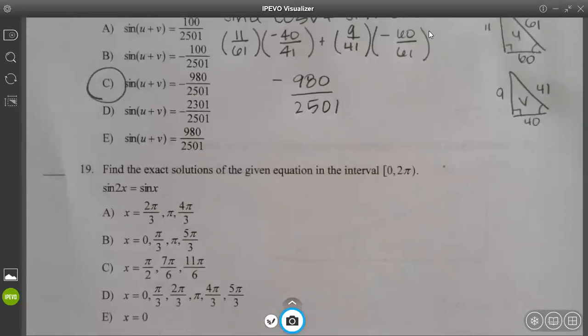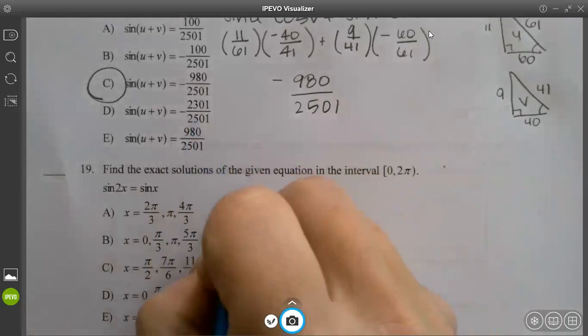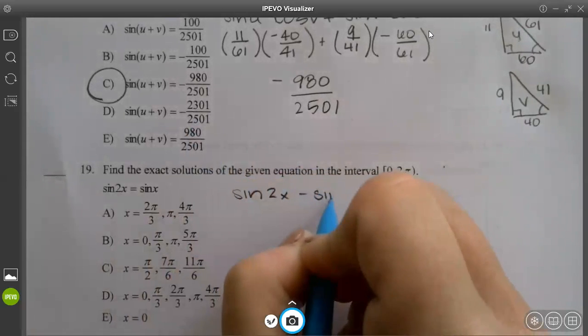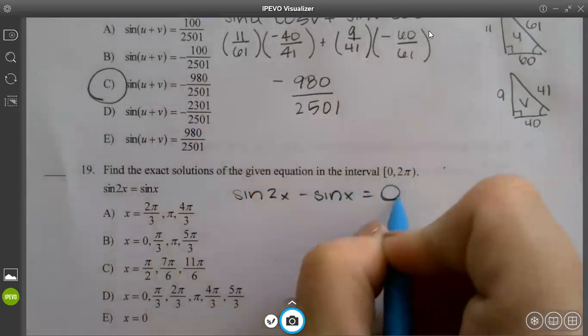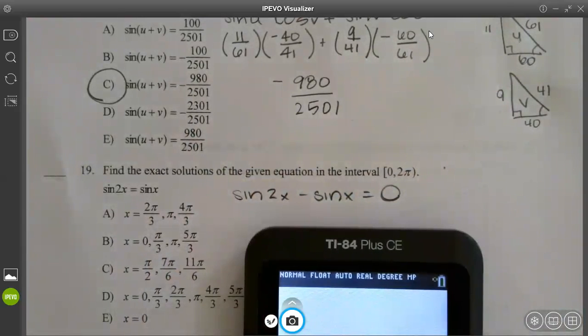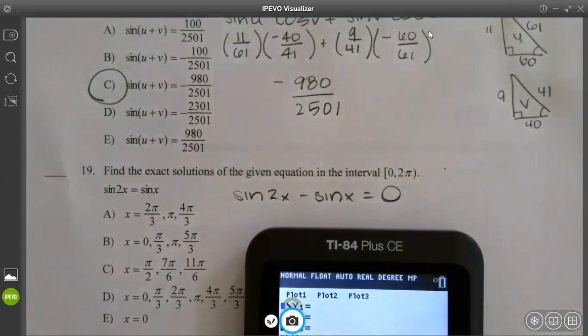A better way to do it, though that way is perfectly fine, is to subtract that sine x to make it equal to 0. So in Y1, we're going to put in sine 2x minus sine x, and then in Y2, we're going to put in 0.